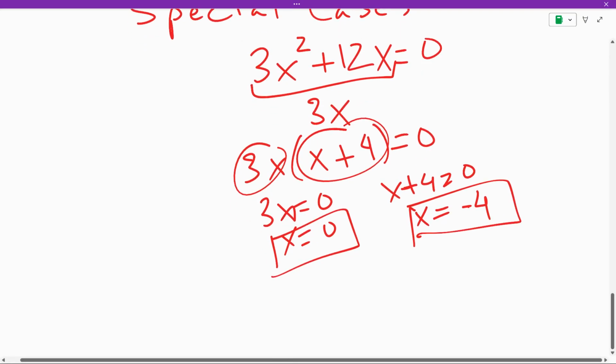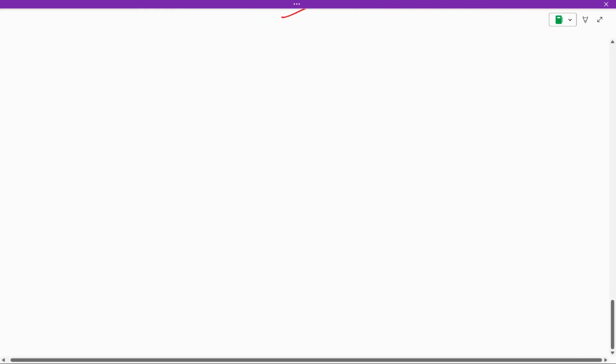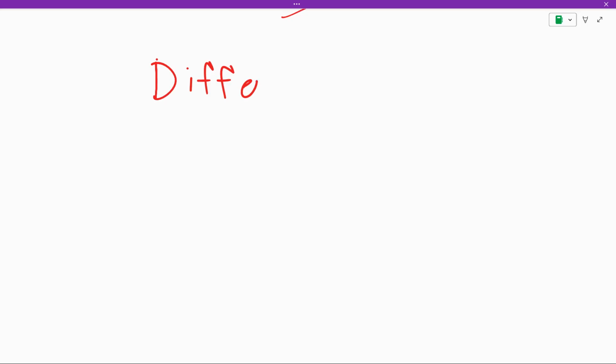Okay? Now, let's consider an important rule that you'll come across on your test, which is the difference of squares. And it's very important to keep this formula memorized. Some quadratics can be factored using a special shortcut with the difference of squares formula.